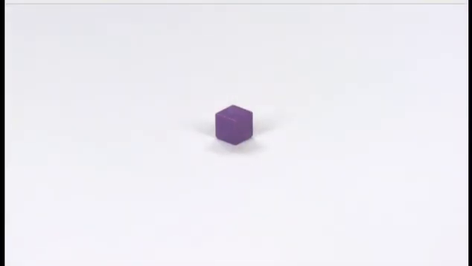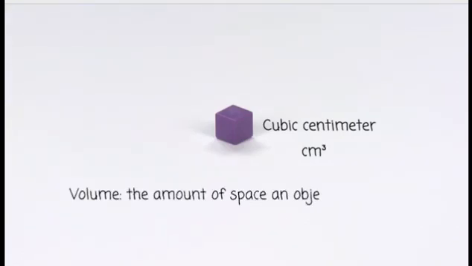Each edge of the cube measures 1 centimeter, so we call this a cubic centimeter. We can also write it like this. We use cubic units, like cubic centimeters, to measure volume, the amount of space an object takes up.